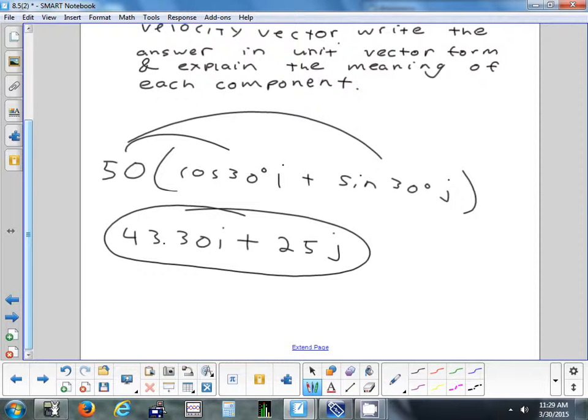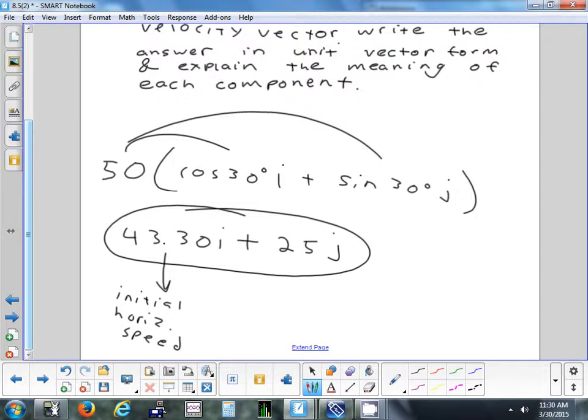That's what the radar gun would come back and tell you the speed is. But what does the 43.30 represent? It's a good guess, but yeah. The initial horizontal speed. Yes. That's said very well. So that's your initial horizontal speed.